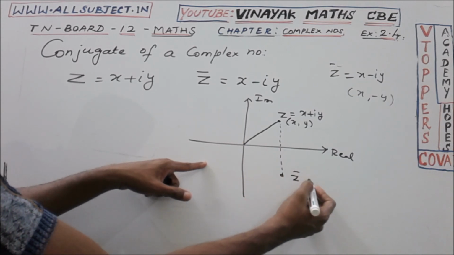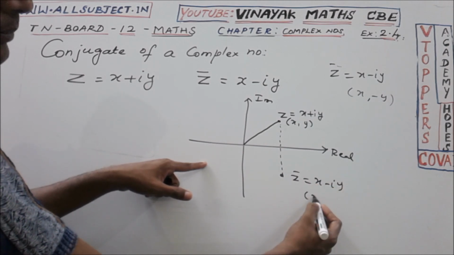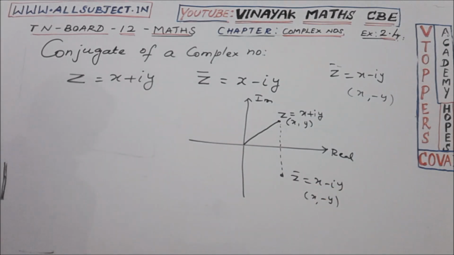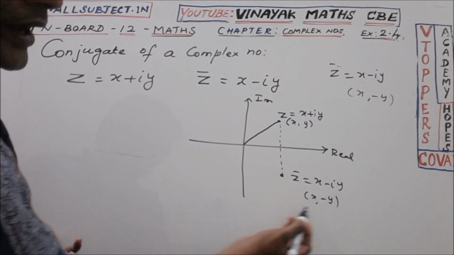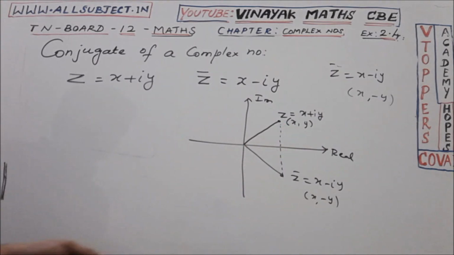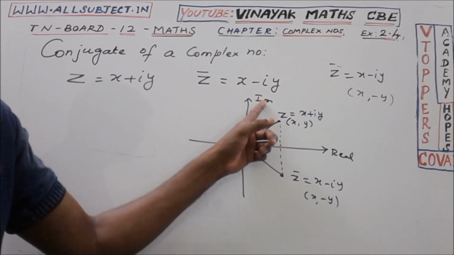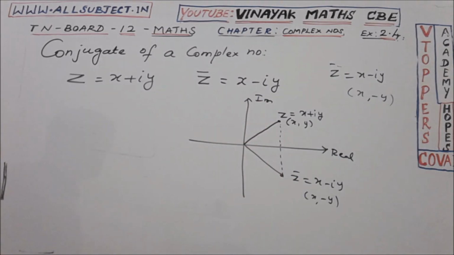This is z bar, equal to x minus iy, which in the point representation is x comma minus y. In the Argand plane, this represents x plus iy, that is x comma y. This is the conjugate. It is the mirror image, you can say the mirror image of the complex number z in the fourth quadrant, z bar.